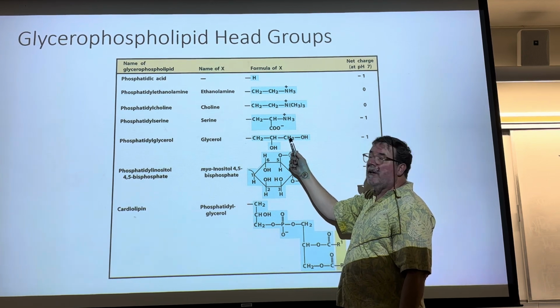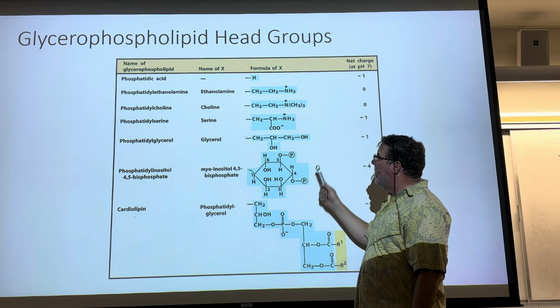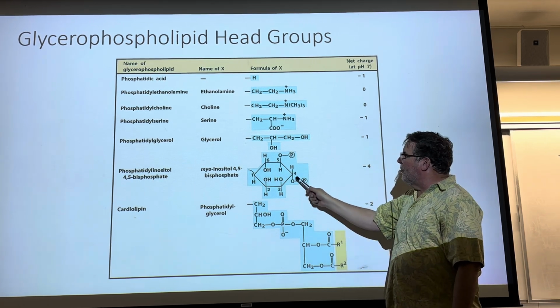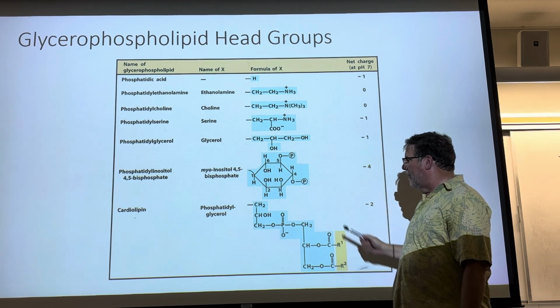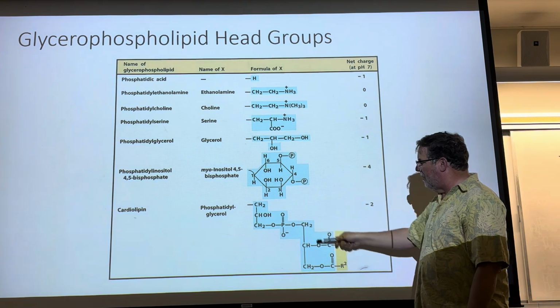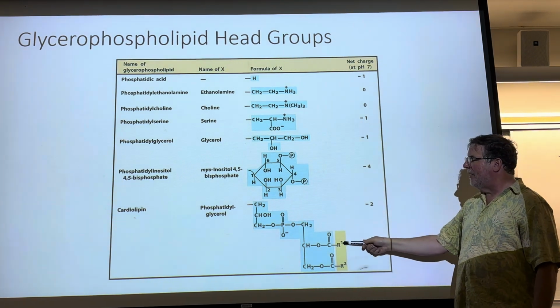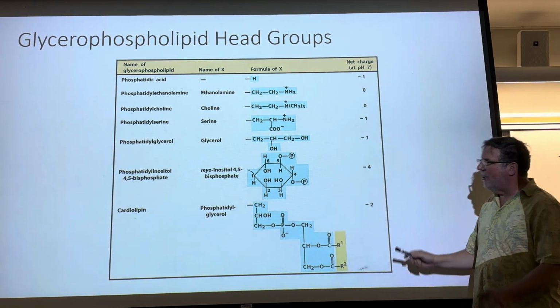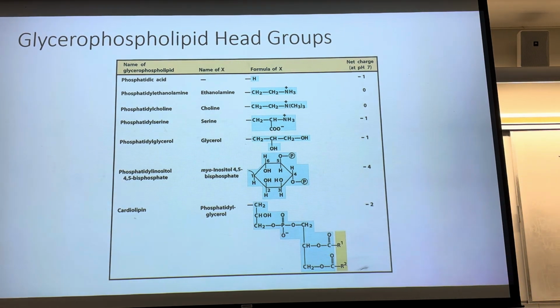You put glycerol there, phosphatidylglycerol. Then here are some more complex sugar structures that are also phosphorylated. This molecule here is cardiolipin. It has this big complex structure, and it can be attached to a second glycerol backbone. So the derivatives can be relatively complex.